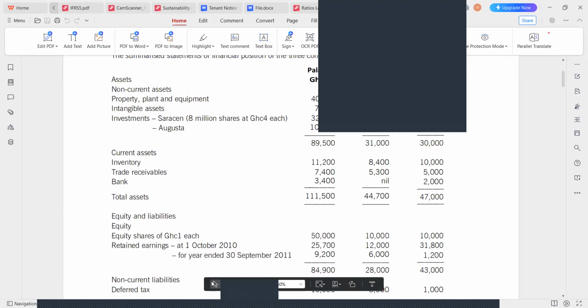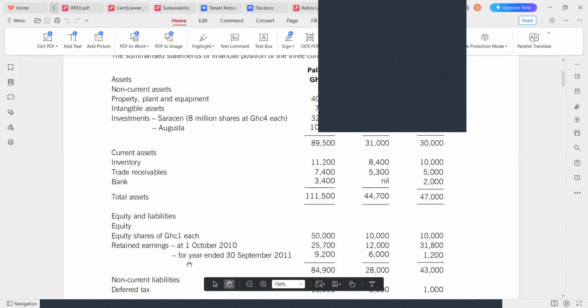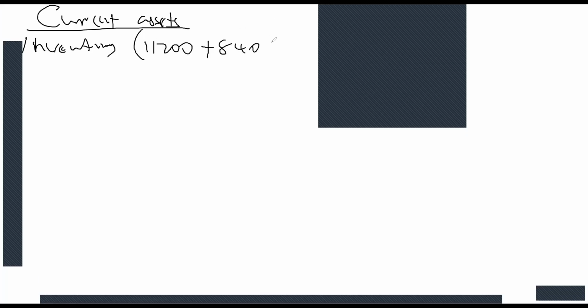Inventory is 11,200 plus 8,004. Then you go again. From there, where do we go to?